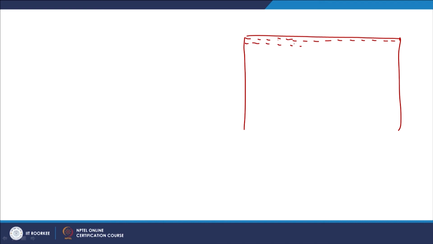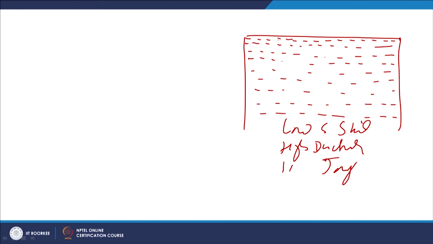So, if we try to understand the concentration gradient, it will be too high at the surface, and then somewhat lesser as we go deeper like this. So, the concentration of the carbon in the subsurface region will be decreasing.